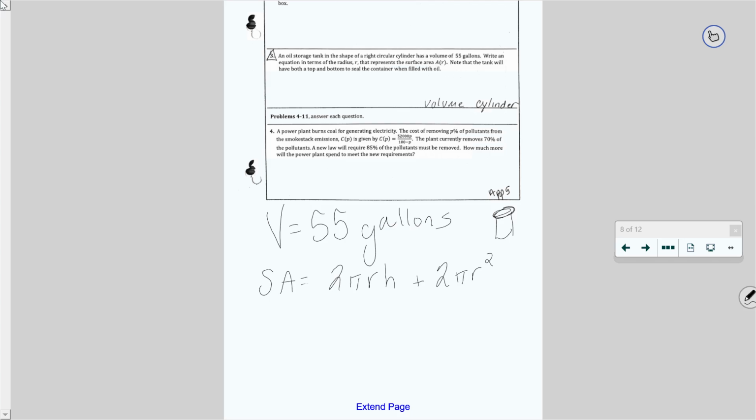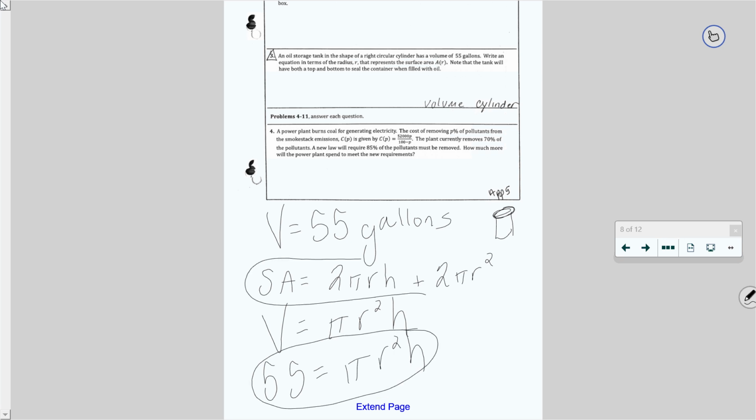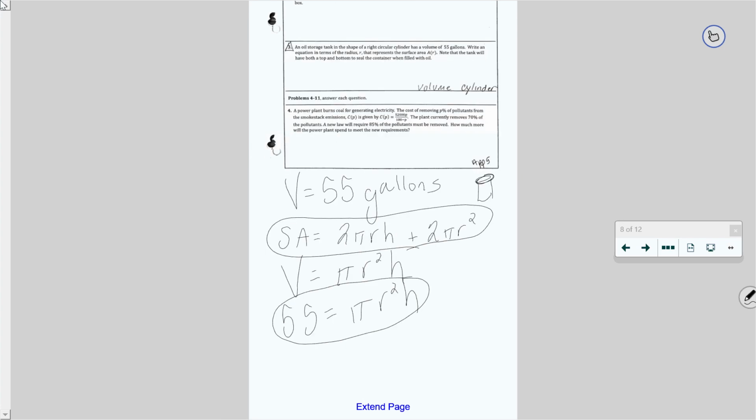Okay, so then volume. Volume is area of the base, pi r squared, times the height, times h. We know the volume to be 55. So I can plug that in. So I have this equation, and I have this equation. So it says, write an equation in terms of r. So this has r and an h.